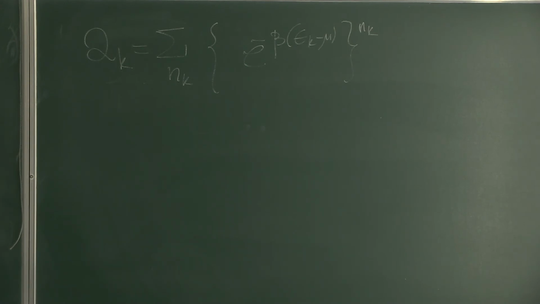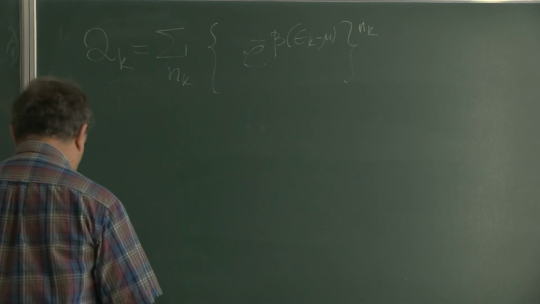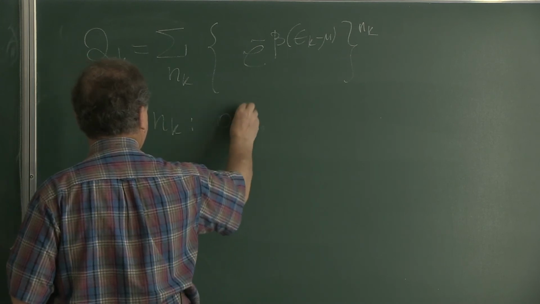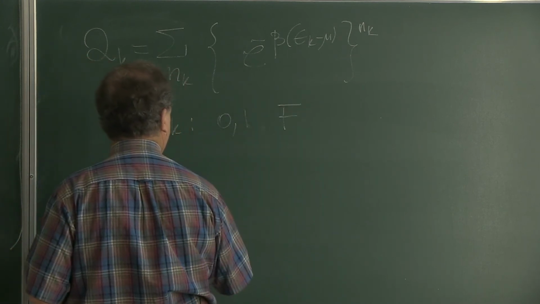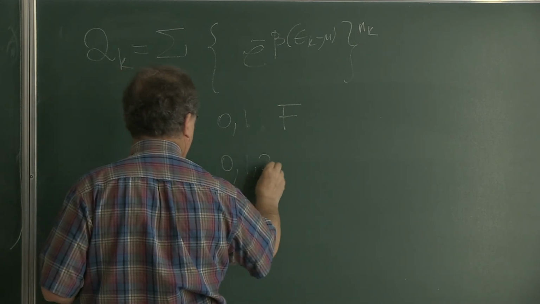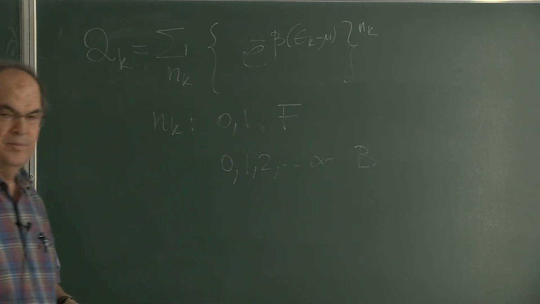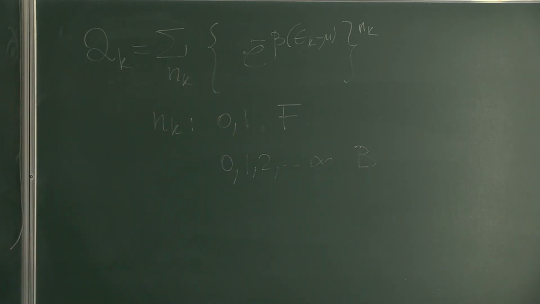Because for total energy, you have to multiply ε_k by n_k and mu by n_k. So that means the whole thing to the power n_k. Once more, these occupation numbers can be 0 and 1 for fermions, and 0, 1, 2, whatever, up to infinity for bosons. You can put any number of particles in a bosonic system into any one particle state.